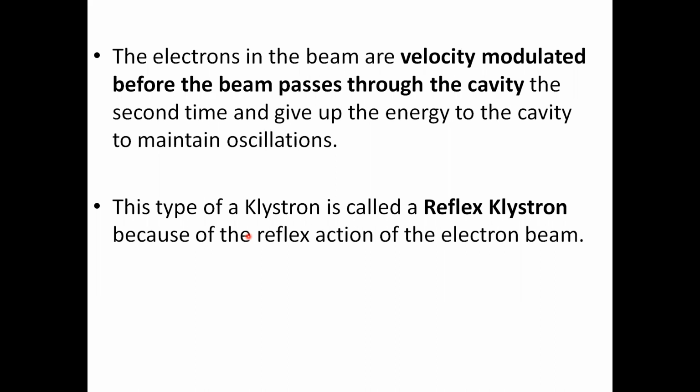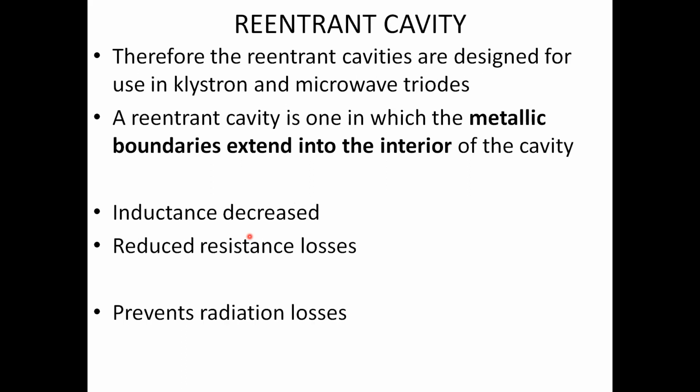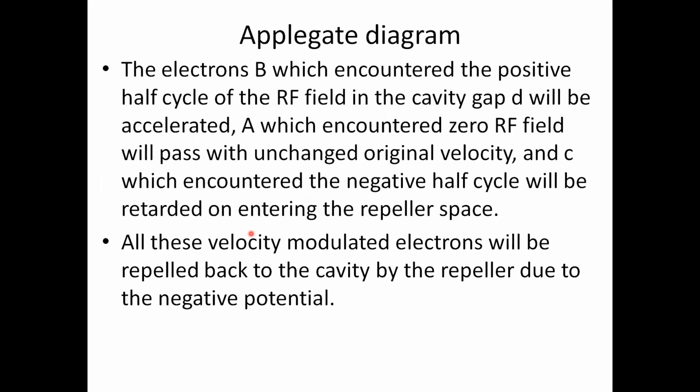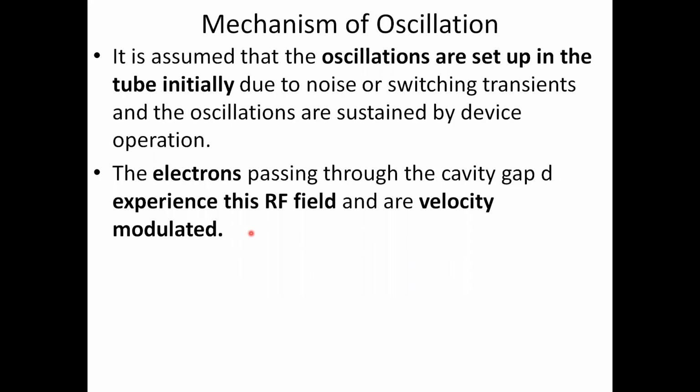This type of klystron is called reflex because it reflects the electron beam. It also obeys velocity modulation before the beam formation. Therefore the mechanism of the reflex klystron can be explained by the Applegate diagram.